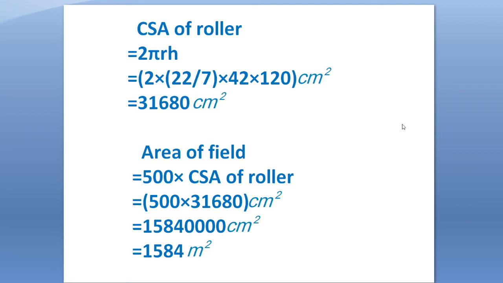Okay, so we have 1584000, but convert it from centimeters square to meters square. So it is 1584 meter square, because 1 meter square is equal to 10,000 centimeters square.